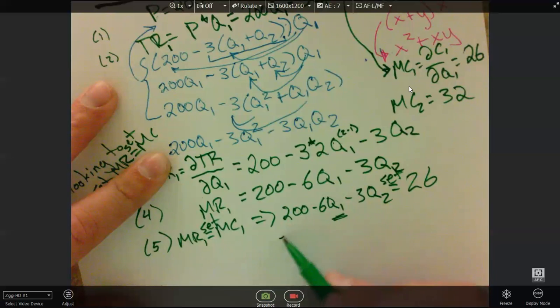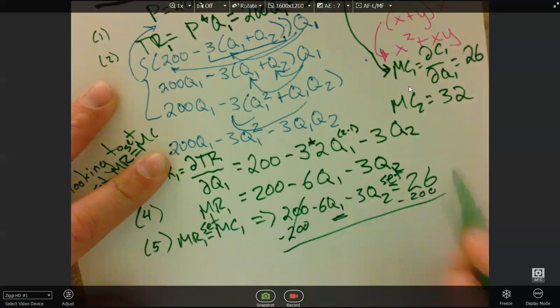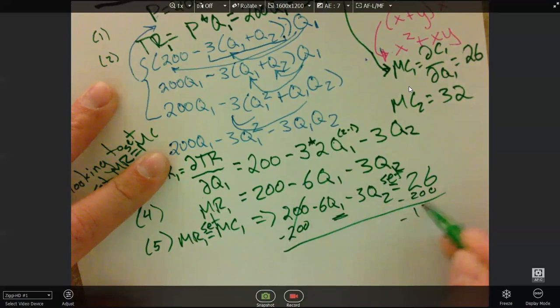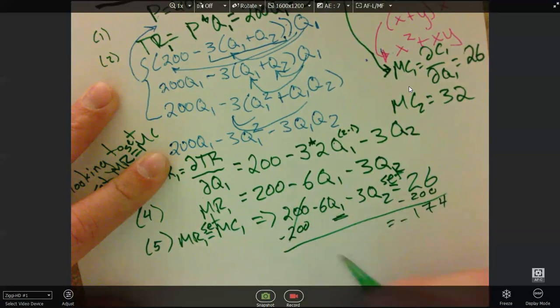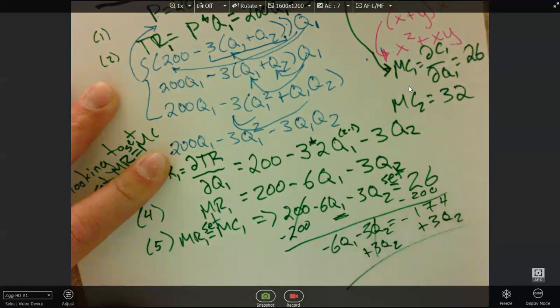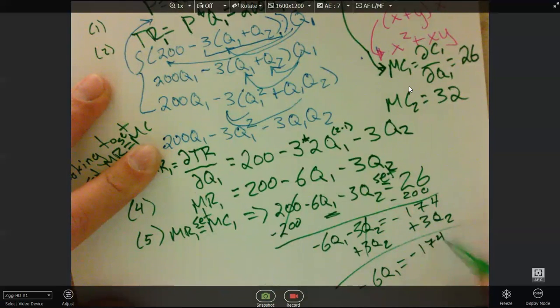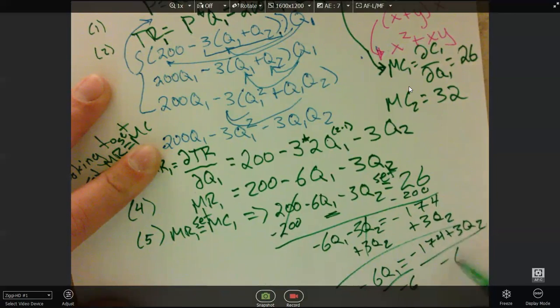So we're going to subtract 200 from both sides. That ends up equaling negative 174 is equal to negative 6Q1 minus 3Q2. We're going to add 3Q2 to both sides. Annihilates, negative 6Q1 is equal to negative 174 plus 3Q2. Divide everything by negative 6.